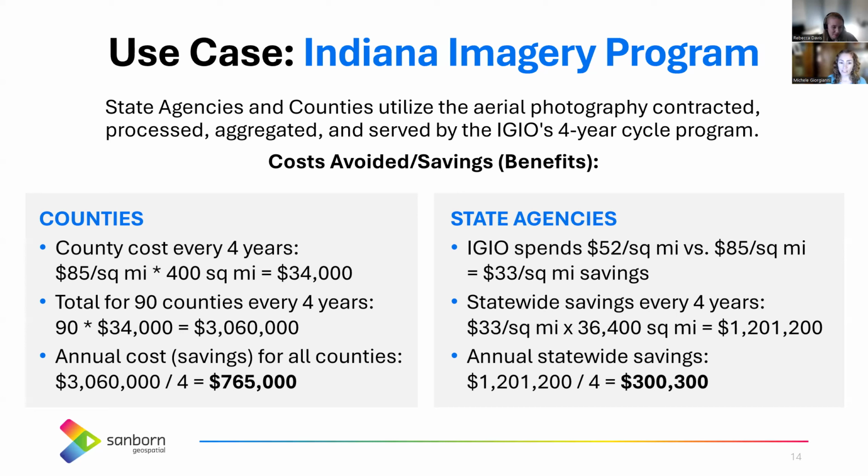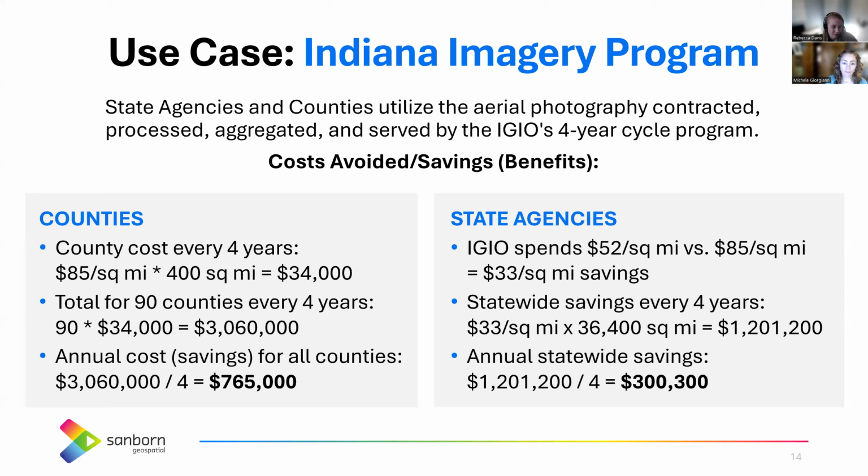For the state agencies, a slightly different approach. At the time of the study, Indiana was spending about $52 per square mile to acquire statewide imagery on the 4-year cycle. That was the deal that they got for doing that 4-year program statewide.